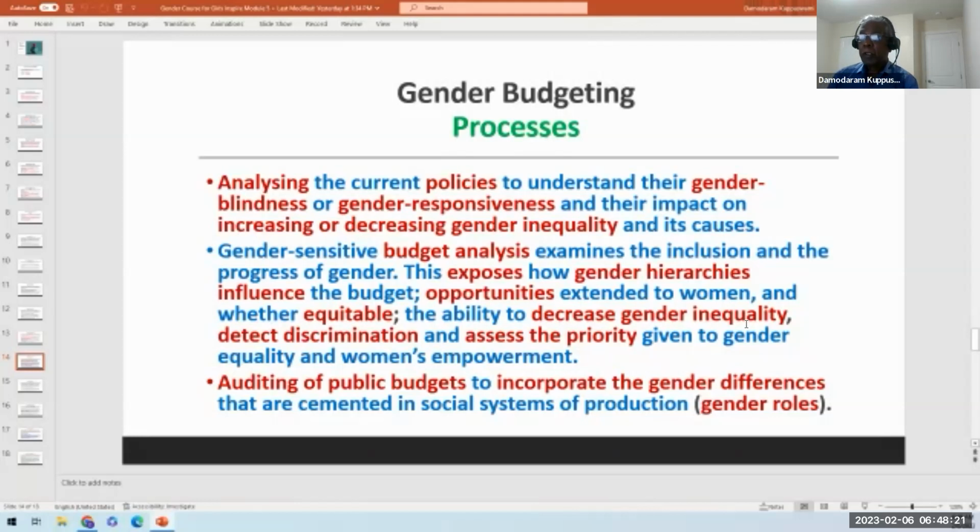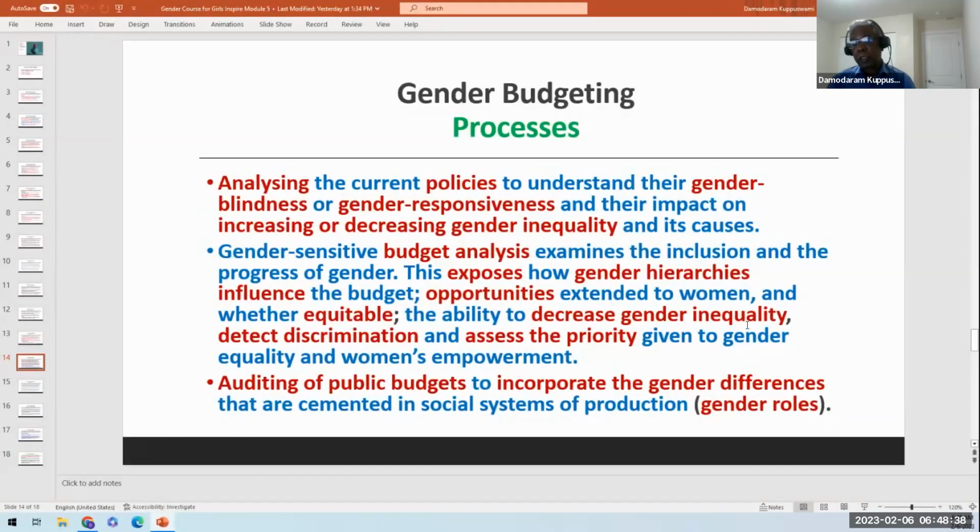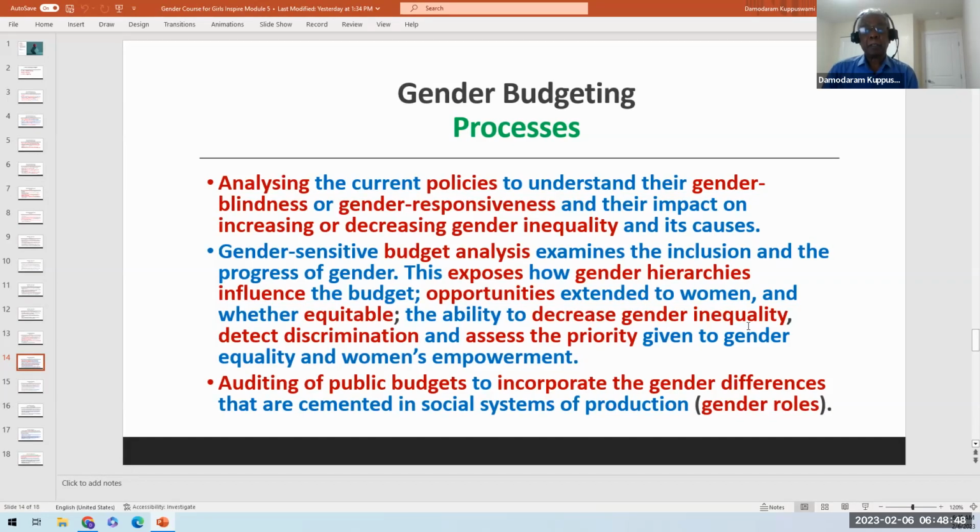So what it requires is this analysis, and we need to keep a few parameters very clear. One, it needs to examine the inclusion of gender and what progress it has made. Particularly, it needs to look at how gender hierarchies influence the budget. I'm talking about culturally constructed gender hierarchies: you have men, you have women, you have other genders, and these are how the hierarchies exist in society.